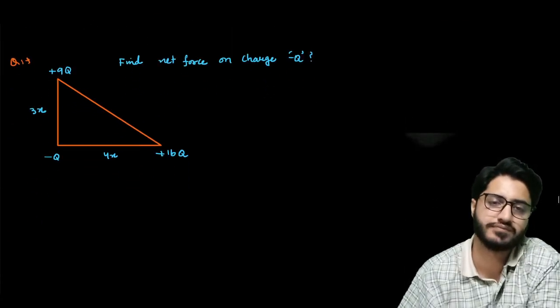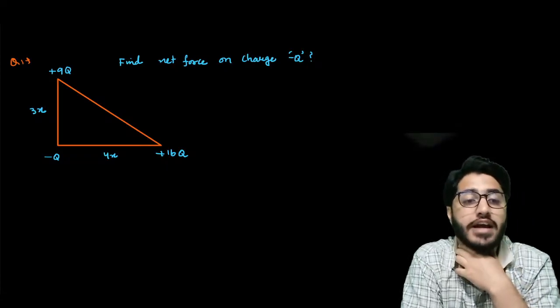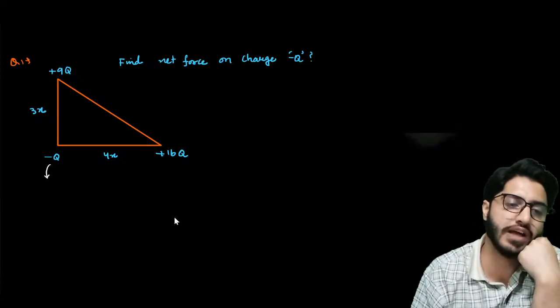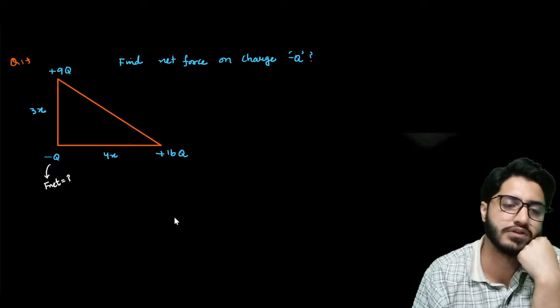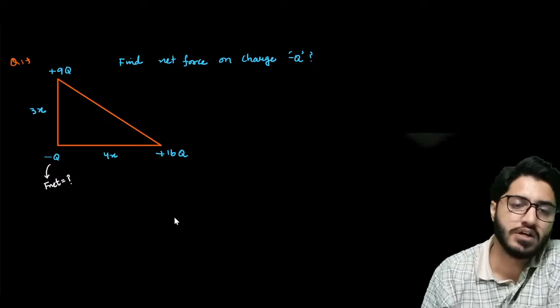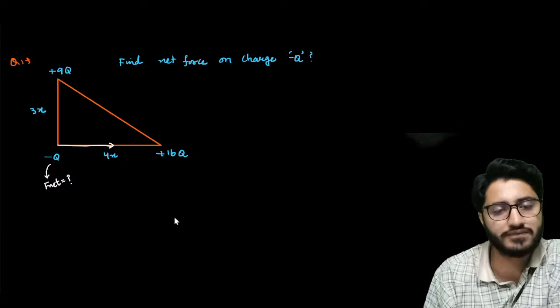Okay. Next question. Find net force on charge minus q. So where is minus q? This one is minus q. So we have to find the net force on this one. Look, this one is negative, this one is positive, so positive negative attracts. So we will have one force here.